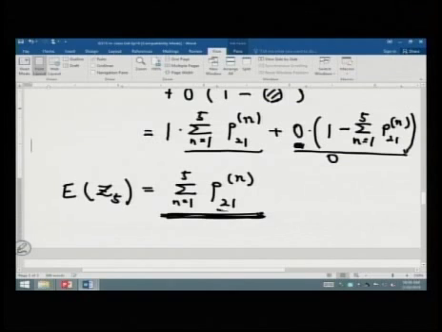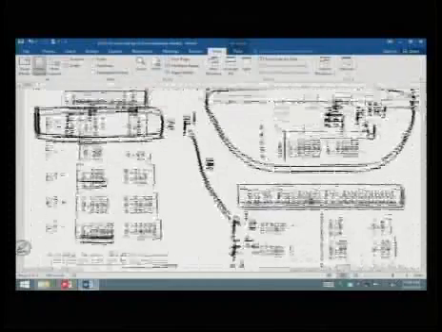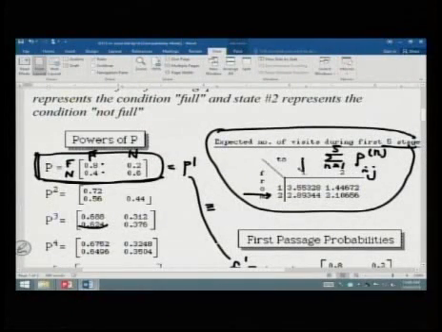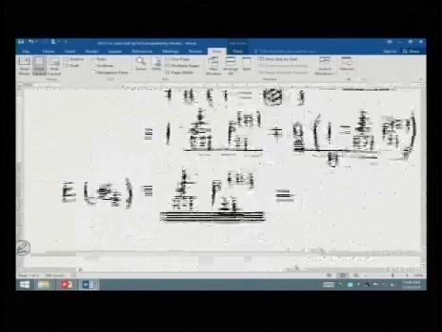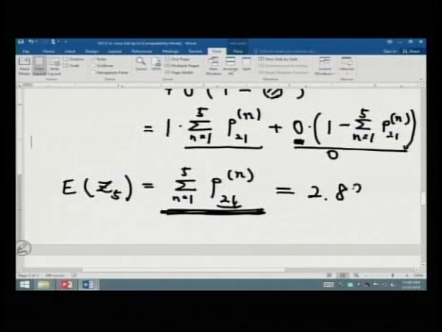The subscript has to be 2 to 1, starting from 2 and ending up with 1. So what is that value? Go from 2 to 1. So it's going to be 2.89344. Is that right? Does that make sense?